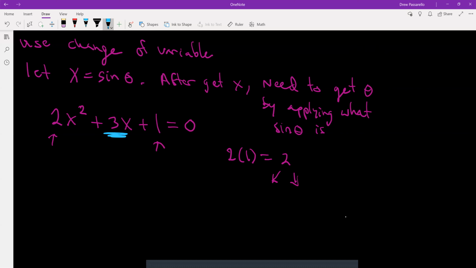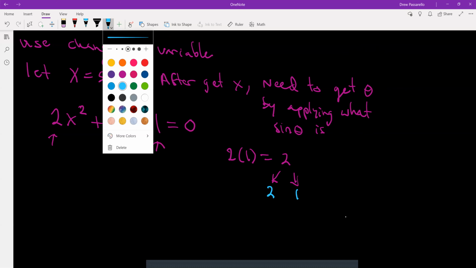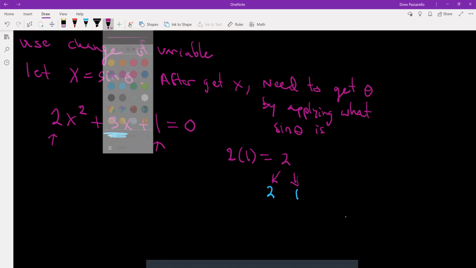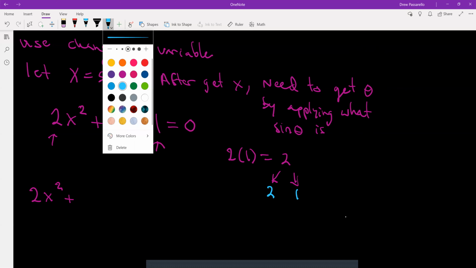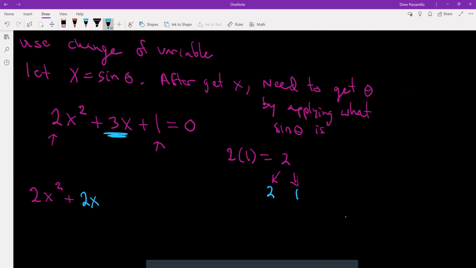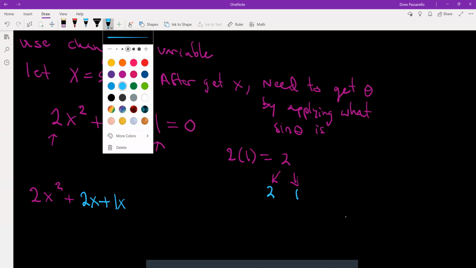So it's going to be 2 and 1. So I replace 3x with 2x plus 1x. So that's going to turn this into 2x squared plus 2x, and then plus 1x, and then plus 1 equal to 0.